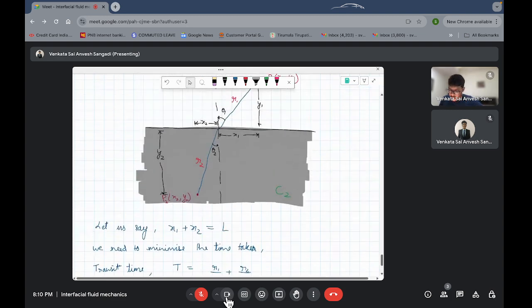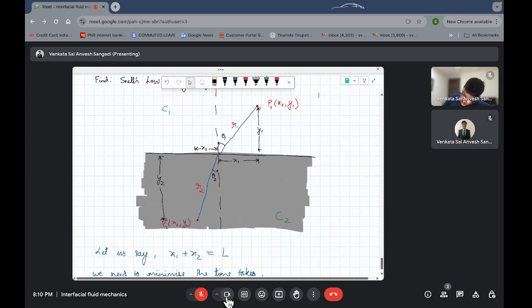So how do we write R1? In the triangle we can see cos theta 1 is equal to y1 by r1. So this implies r1 is equal to y1 by cos theta 1.